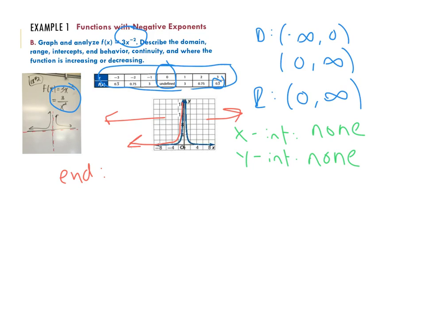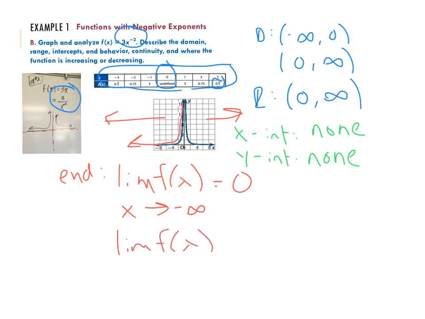So remember the way we write this with limit statements: the limit of f of x as x approaches negative infinity would be 0. The limit of f of x as x approaches positive infinity, when we take a look at our graph, it looks like when we go to the right, the graph is also approaching 0. So that takes care of end behavior.